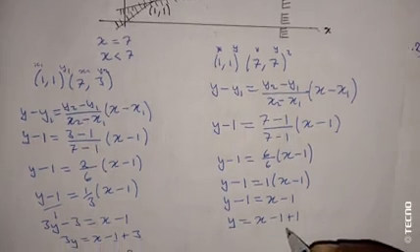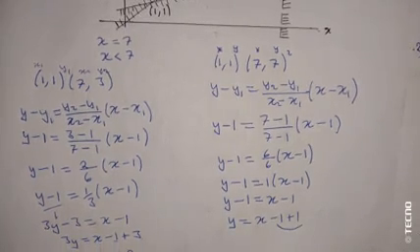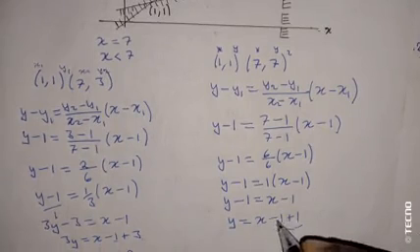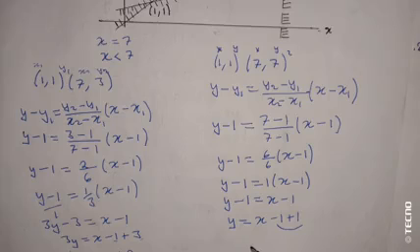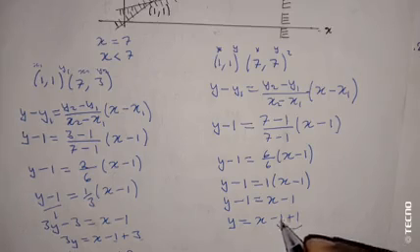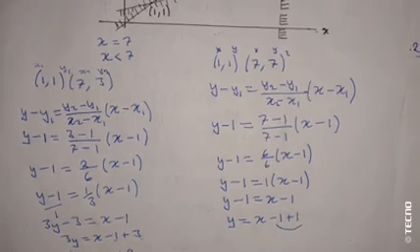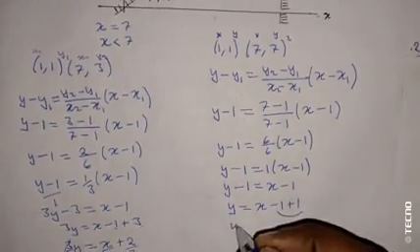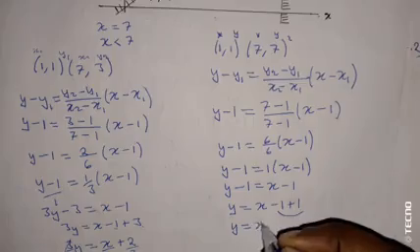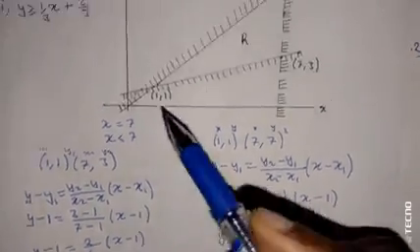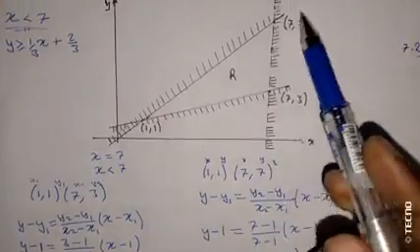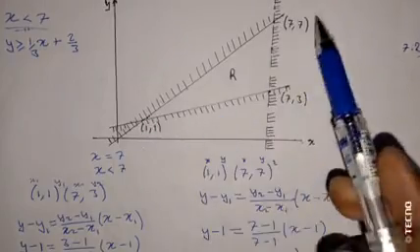Then this gives us 0, because different signs, we subtract and maintain the sign. So 1 minus 1 gives us 0. What we'll have is y is equal to x. So the line itself is y is equal to x.